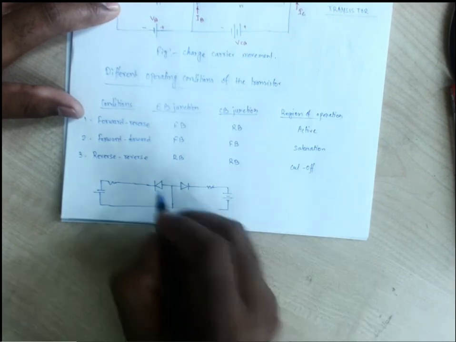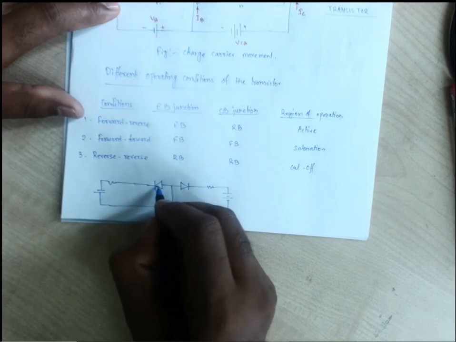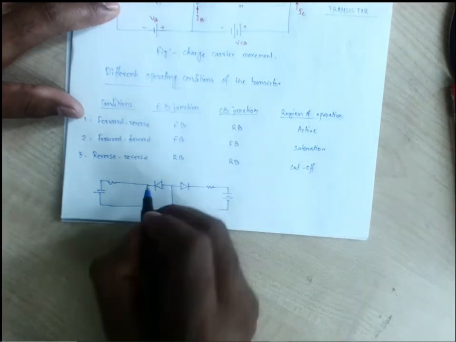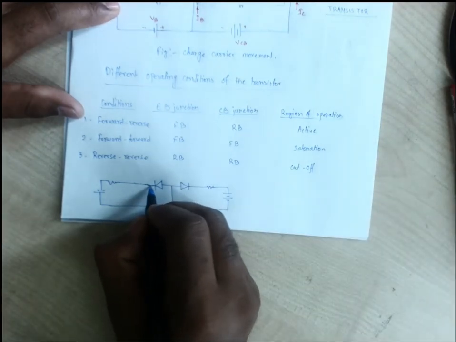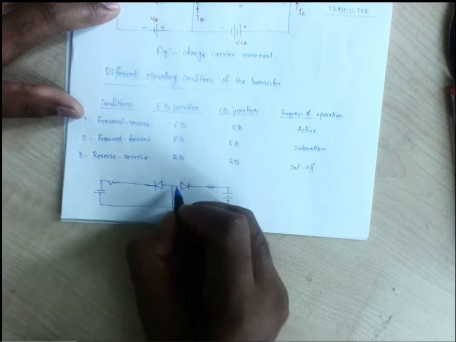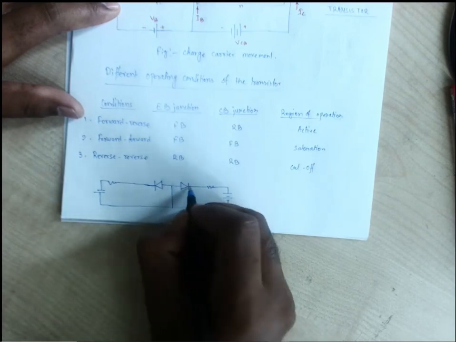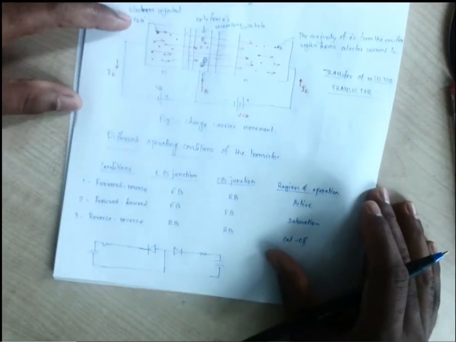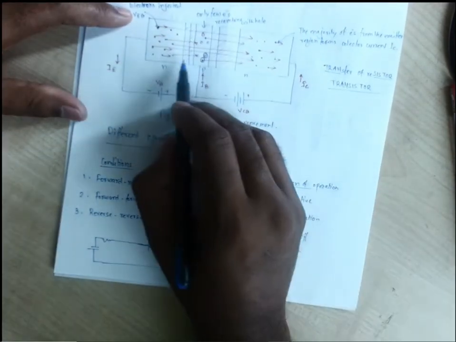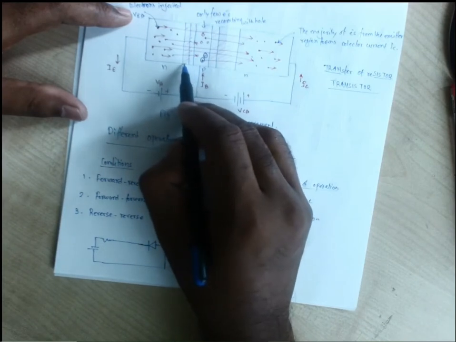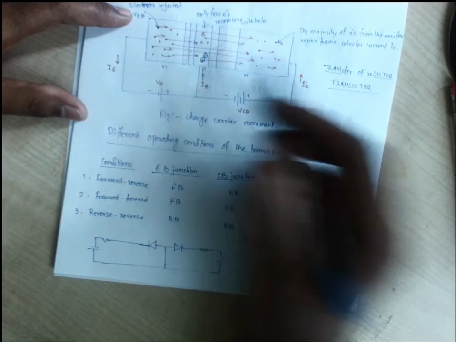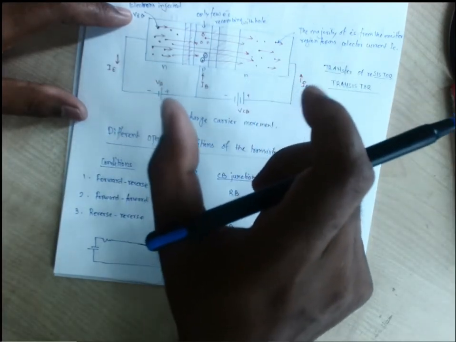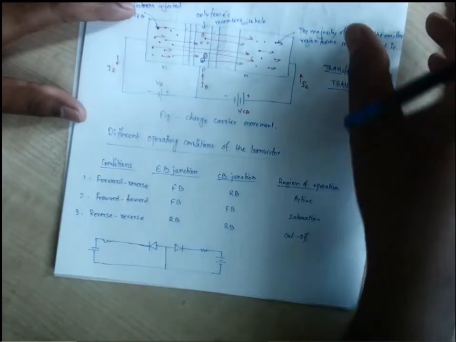What are those? One is this NP region, another is this PN region. Then what are the other regions? The leads connected with this N, and the leads connected with this P and this N. So take out what the different junctions are here. One junction is this NP junction, and the other is this PN junction, inside a single semiconductor crystal or single fabricated device.